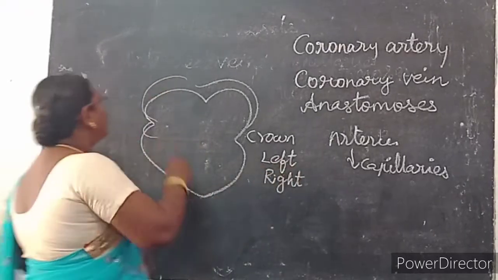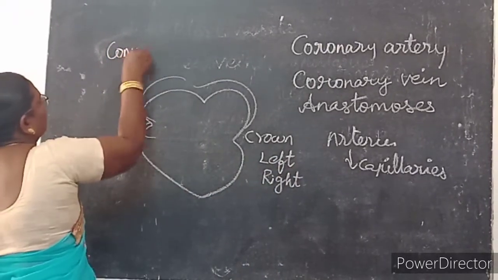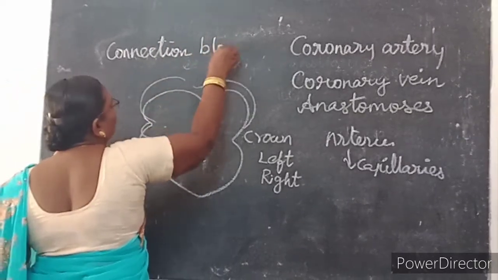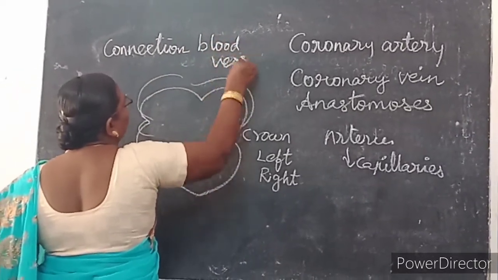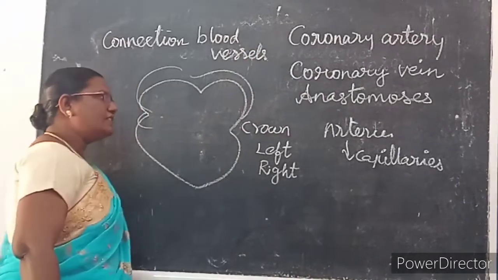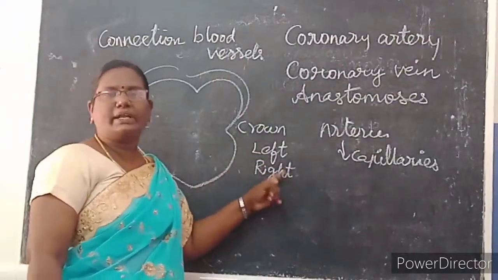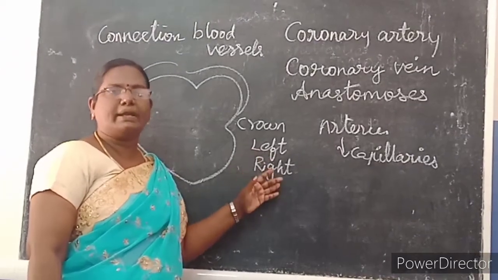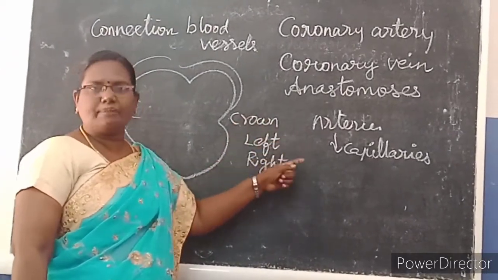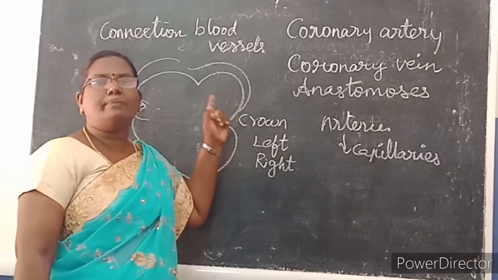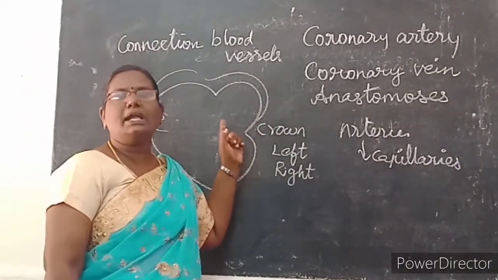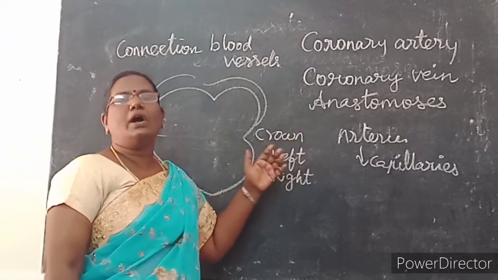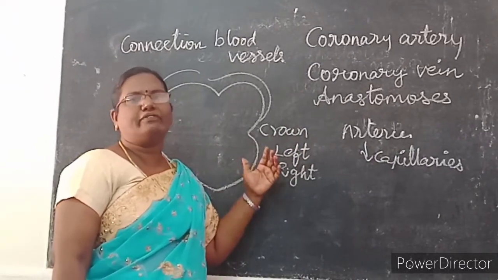That is the connection between blood vessels, known as anastomosis. It forms an alternate route of blood flow.